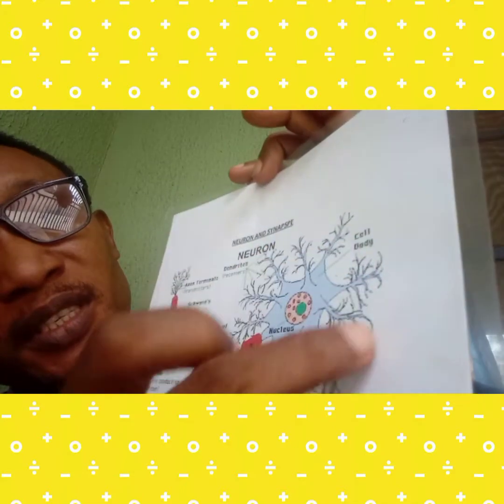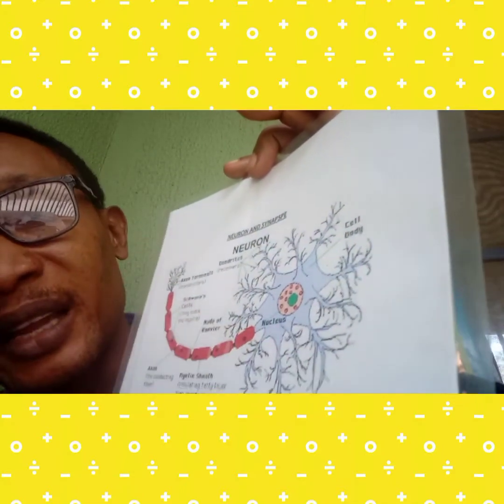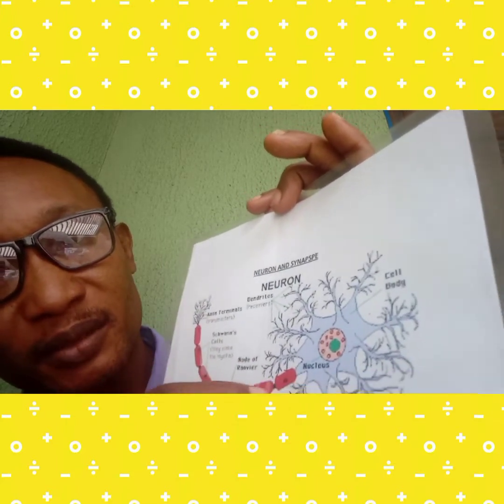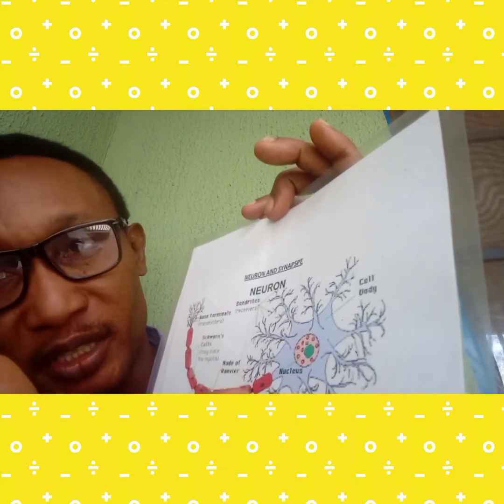This is a picture of a neuron. These tree-like structures are called dendrites. This is the axon that takes in the sensory input and transfers it through, like a kind of biological cable, to the axon terminal. This is the axon here, painted red. The signal is called action potential.